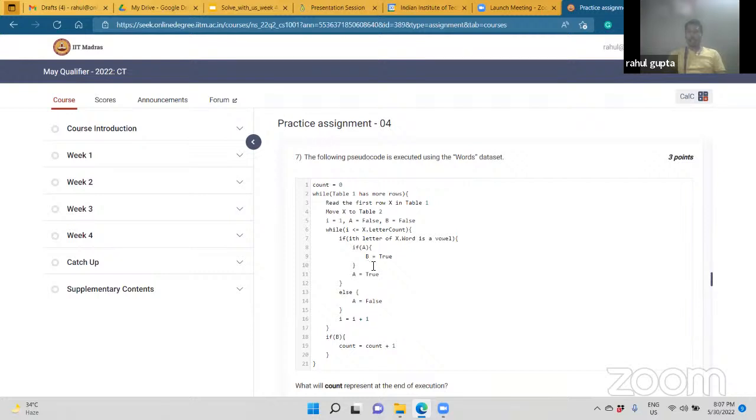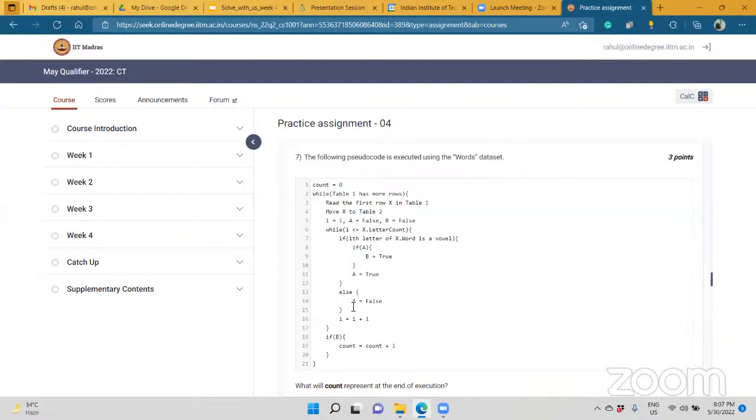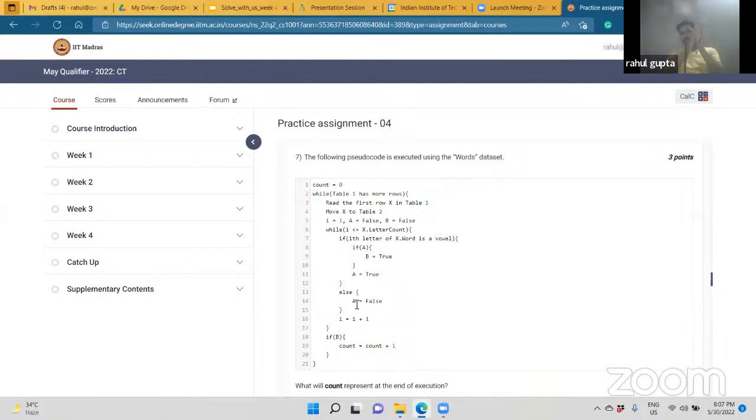If the letter after that vowel is not a vowel, you will go to the else part, and a will be false. We are trying to find consecutive vowels. Vowel, if not vowel, then a becomes false. Again vowel, a becomes true. If b is also true, it means you got consecutive vowels, right?